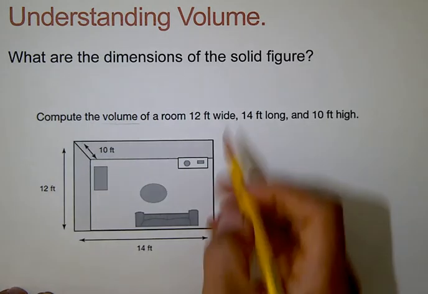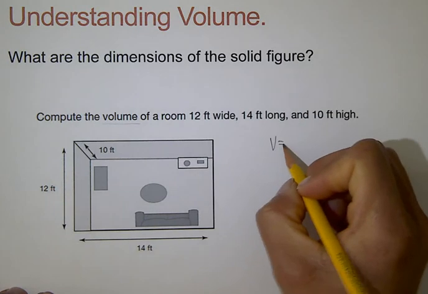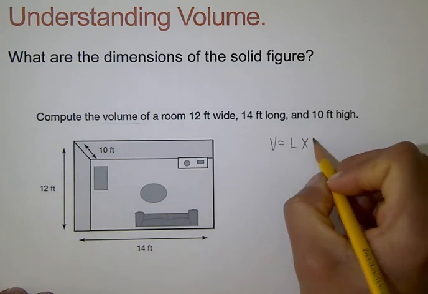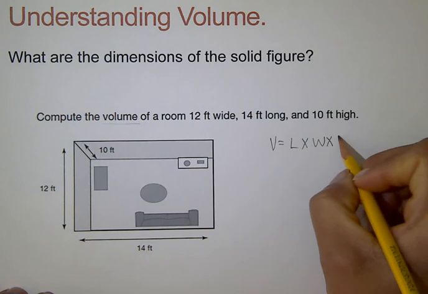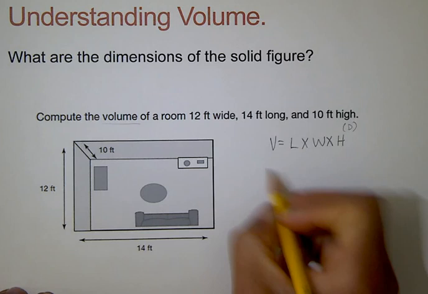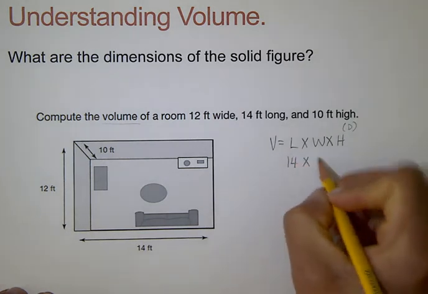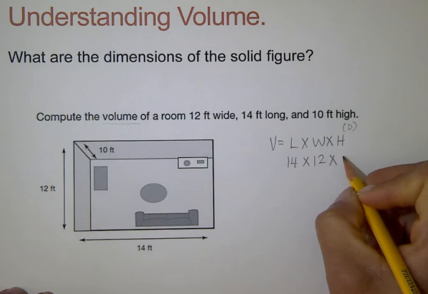Okay, so then we would use our formula, and our formula for volume is length times width times height or depth. Okay, so our length is 14 times 12 times 10.